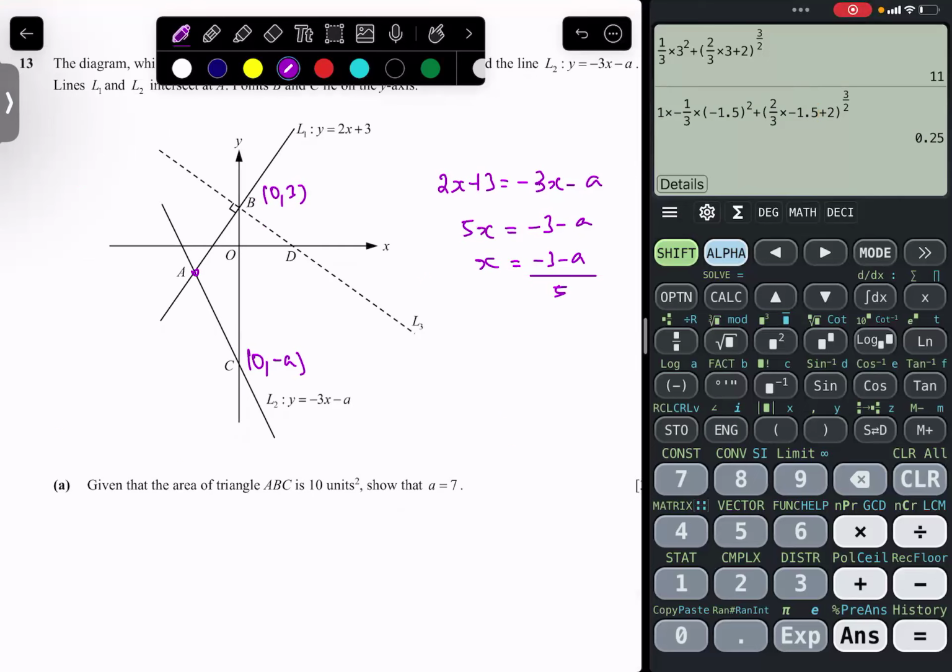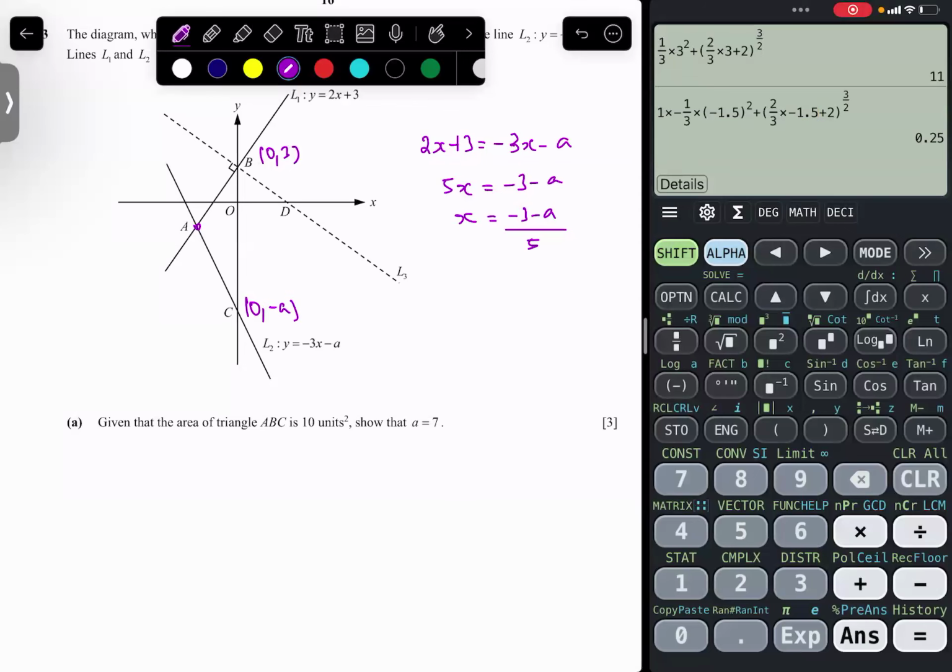Okay, so now since the area is 10, the difference between these two lengths will be 3 plus a, right? So half times (3 + a) times (-3 - a) over 5 equals 10.